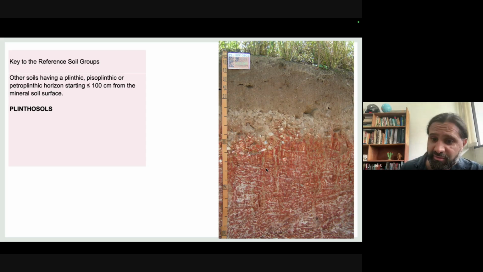So now oxygen is entering the soil and starts to oxidize the iron, and we have a huge amount of plinthite that has these reddish or yellowish colors, expressing a new concentration of iron because of this oxidation, and then a plinthosol with a plinthic horizon.